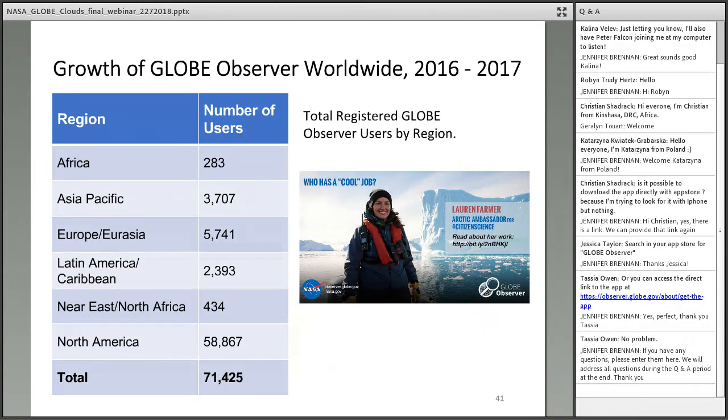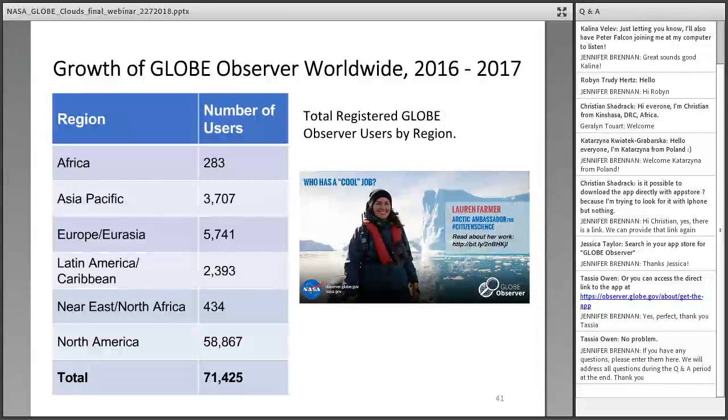So with the growth of the Globe Observer program, as we mentioned earlier, the Globe Observer mobile application, which is available from the App Store on your phone or tablet, is available to anybody. So we have a large community of citizen scientists, teachers, educators, students, and general public that have been joining the community of citizen science and cloud observers since 2016.